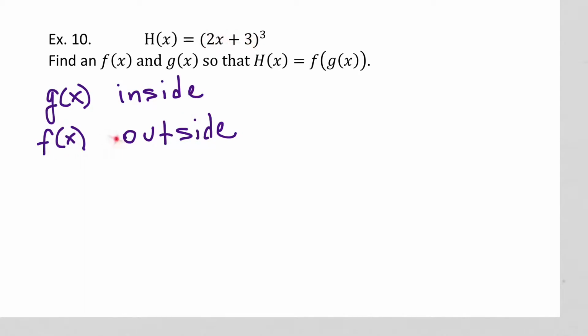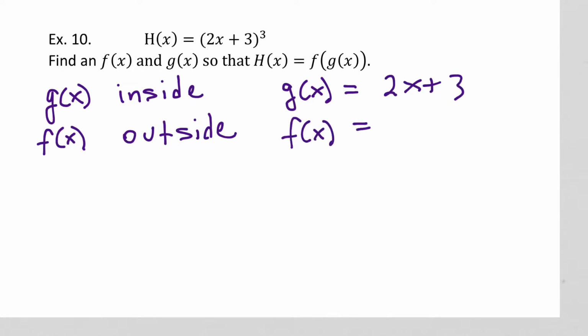And f of x would be your outside. So your outside is going to be cubing whatever you've got inside. So that's x cubed. So if I write that, g of x as my inside function is going to be 2x plus 3, and f of x as my outside function is going to be x cubed.